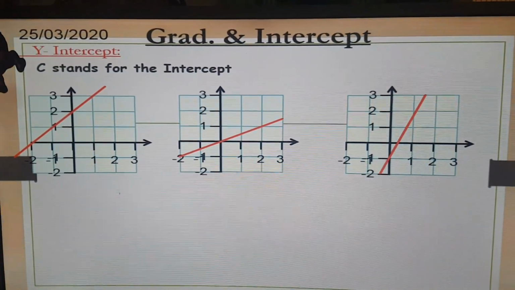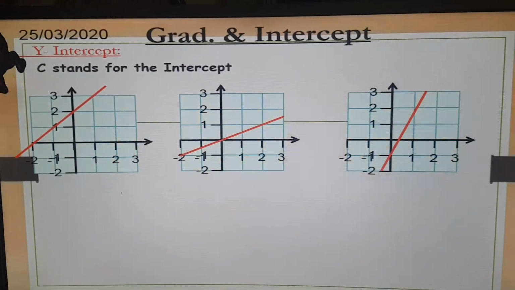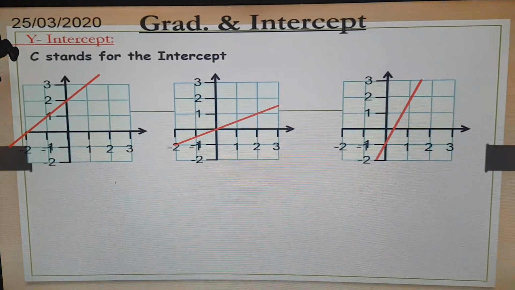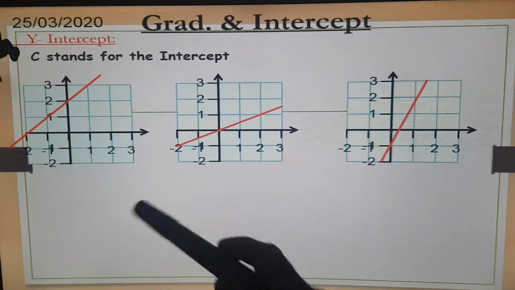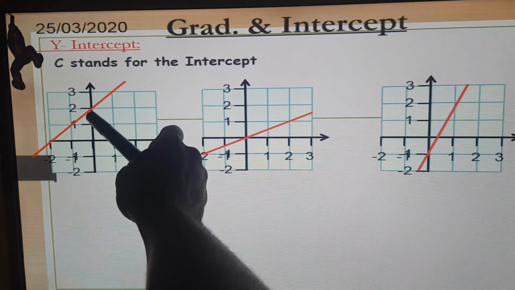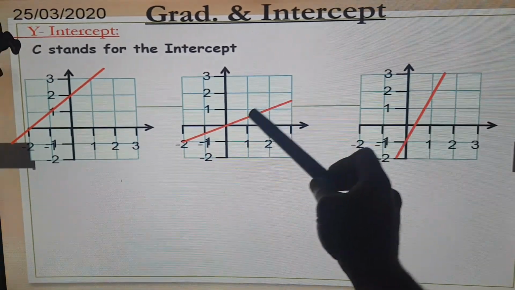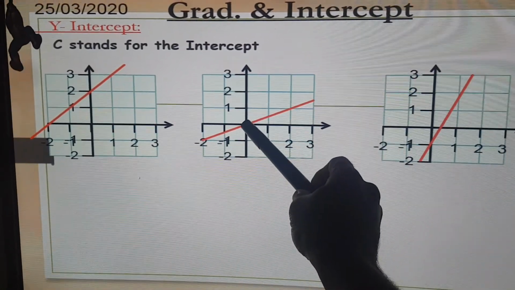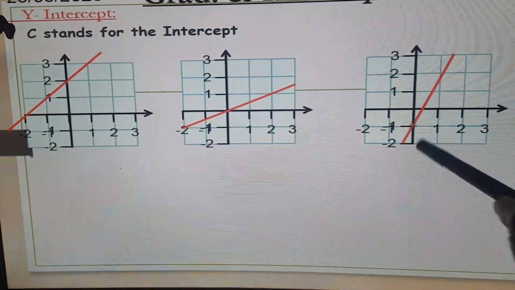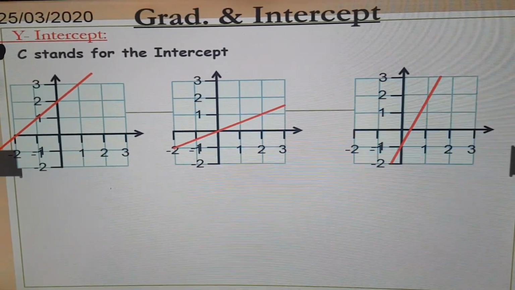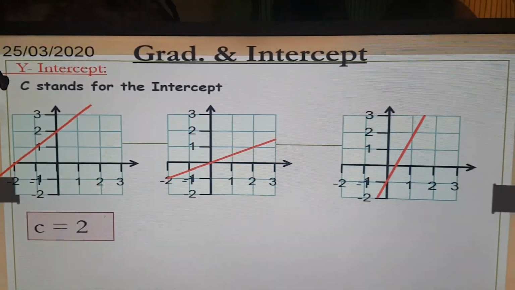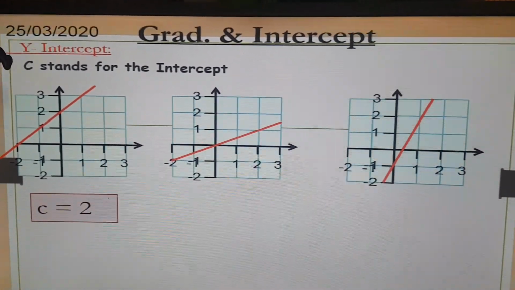Let's look at this question here. There are three straight line graphs, and you're expected to find the y-intercept. Like I told you, the y-intercept is just the point where the line crosses the y-axis. So in the case of the first line, we will have y-intercept as equal to 2.